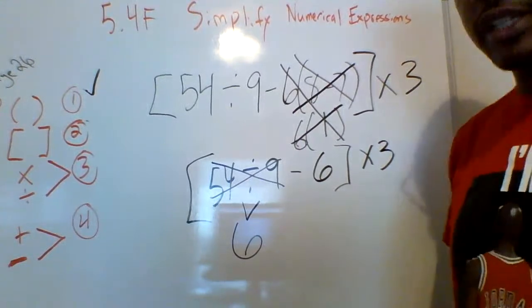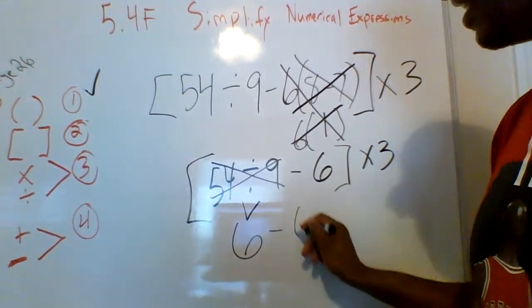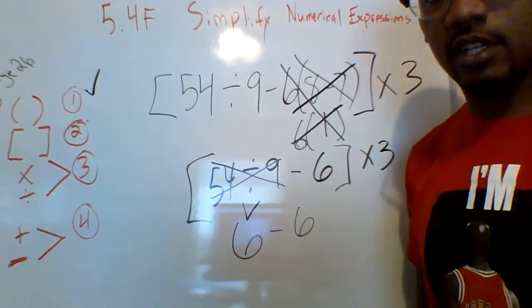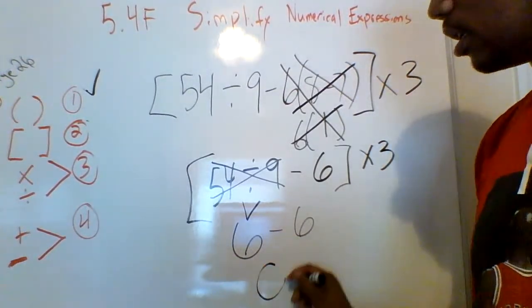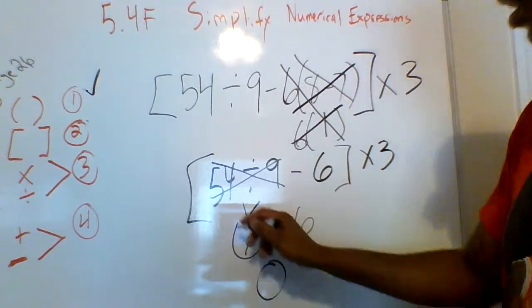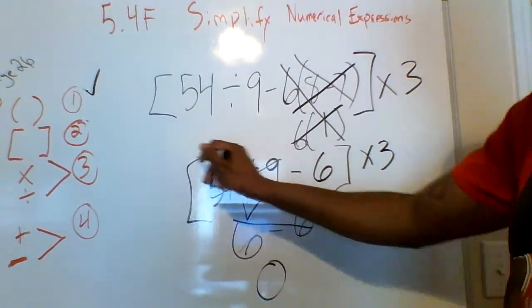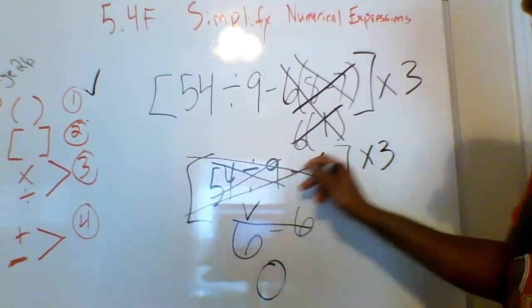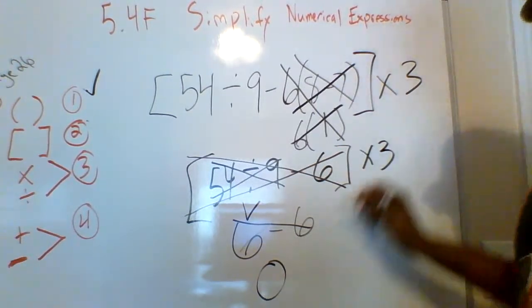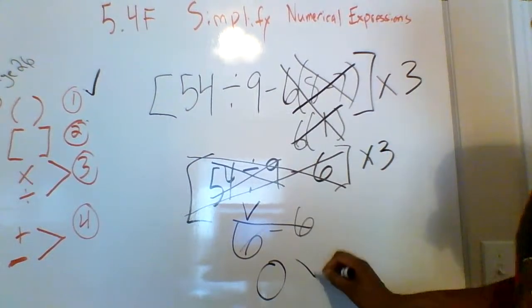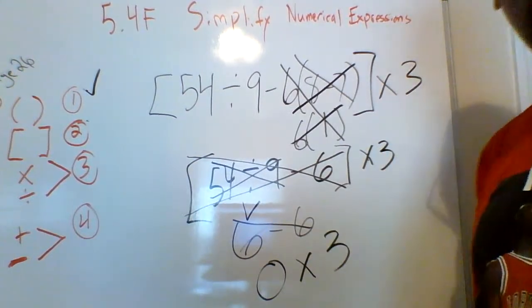Now you do 6 minus 6, and 6 minus 6 is equal to 0, which means the answer to the whole bracket is 0. And then outside the bracket, you have times 3.